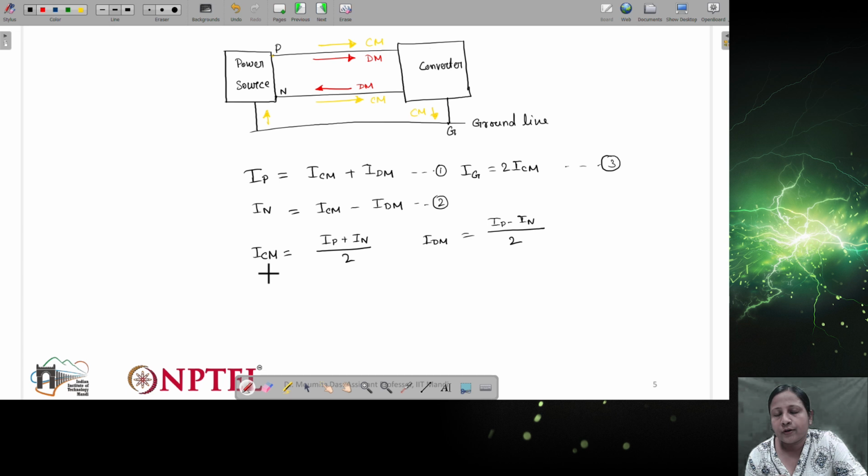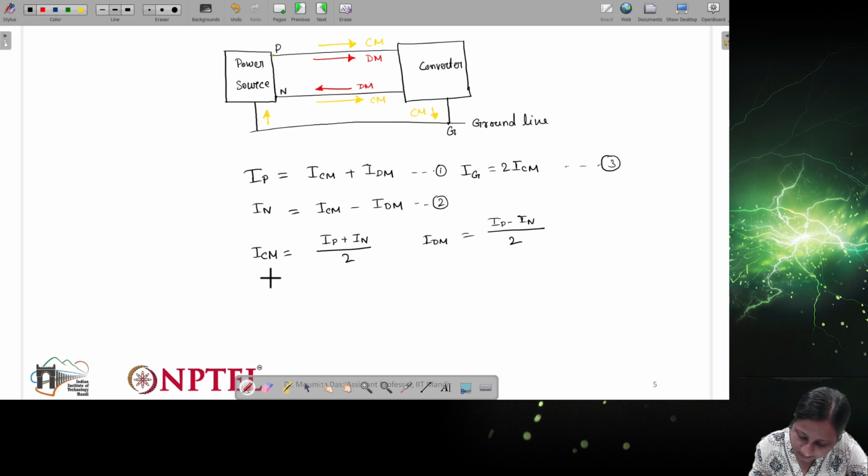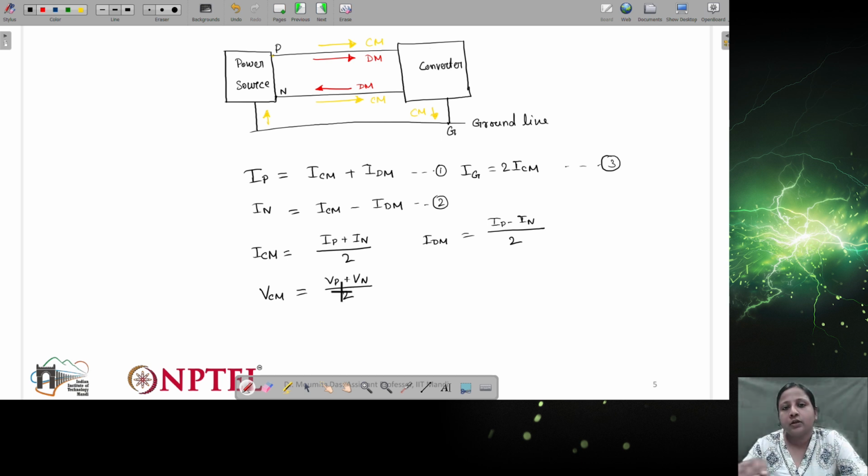Now if I want to find out the common mode voltage, then what will I get? VCM I will also get similarly as VP plus VN divided by 2, right?